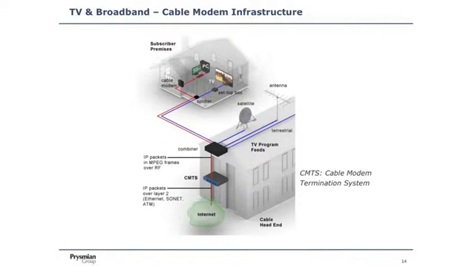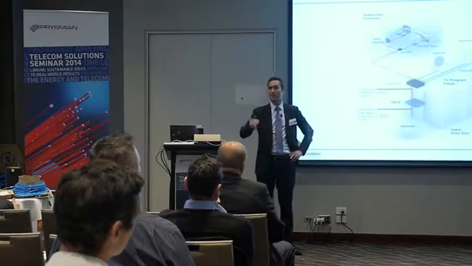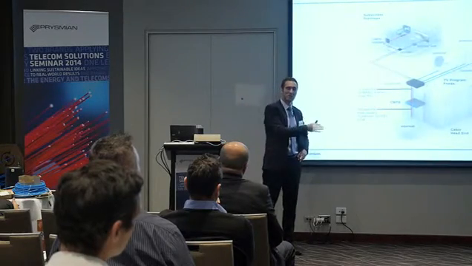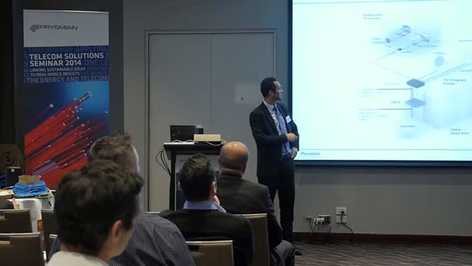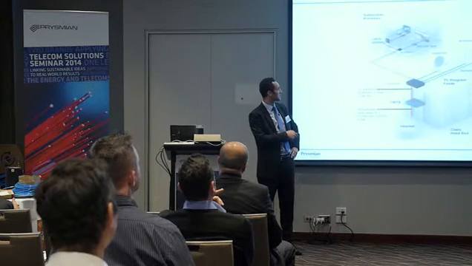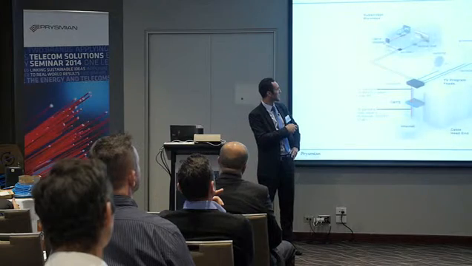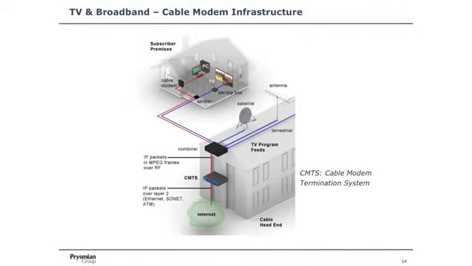Basically, the challenge was to make this infrastructure from unidirectional only, from the dishes to the houses, to bidirectional by combining also this data link, so using a cable modem here and at the head end, cable modem termination systems, with a combiner, basically combining the analog broadcast signals with all the IP-related content, so the broadband.